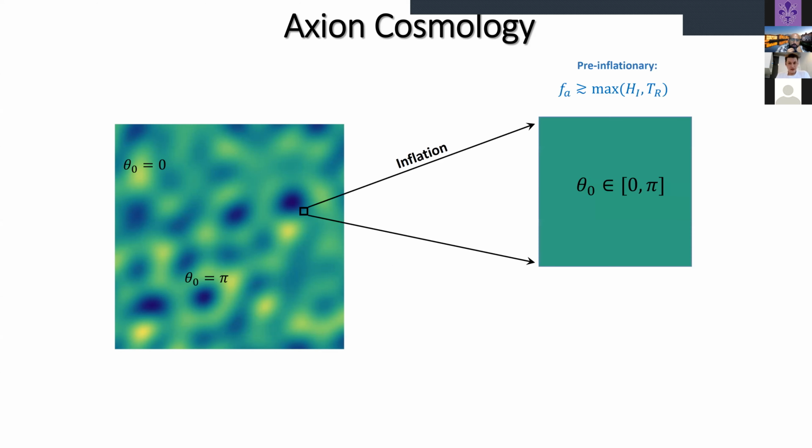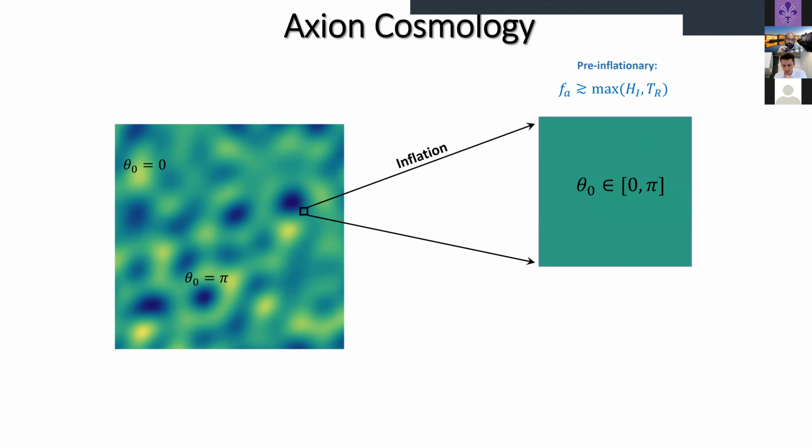In any case, if Fa is larger than the maximum between the Hubble during inflation and the reheating temperature, whatever the initial conditions of the axion field in the early universe, due to the exponential expansion of the universe during inflation, the axion field will get smoothed out over distances which are much larger than the Hubble horizon during inflation.